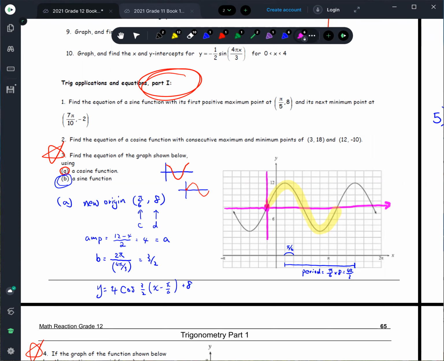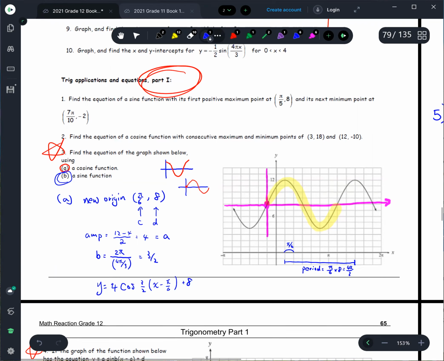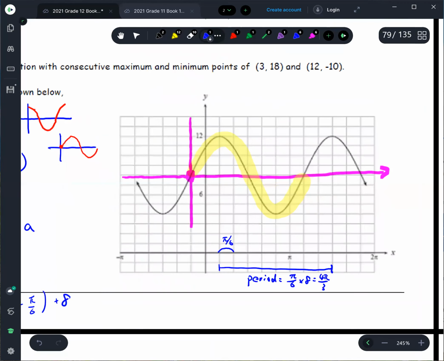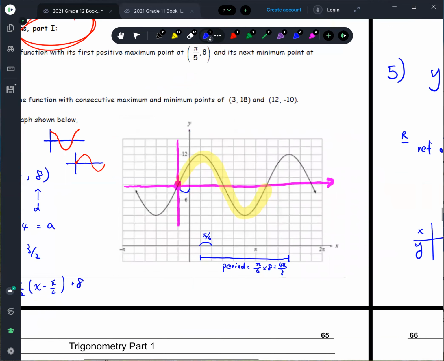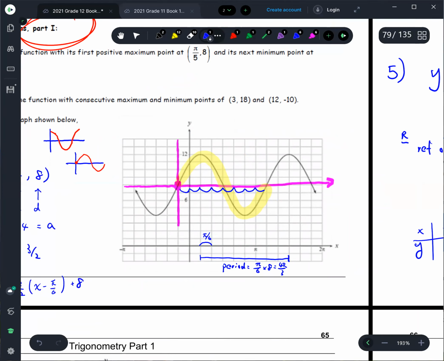Also, I have one more question. Is this period under the graph? It says period equals pi over 6 times 8. Where did the 8 come from? The 8 is because that person counted the boxes. Period means complete one cycle, right? If you look at the yellow highlighted part, count the spaces from the beginning: 1, 2, 3, 4, 5, 6, 7, 8.